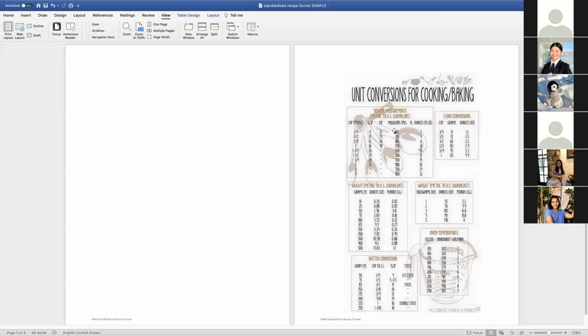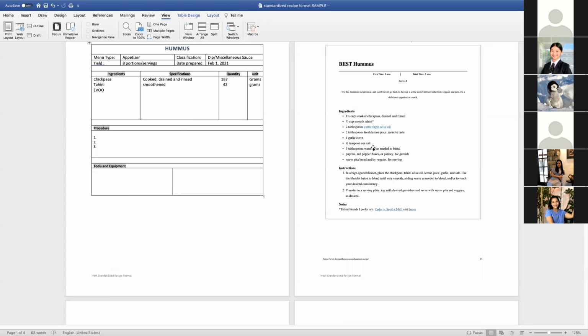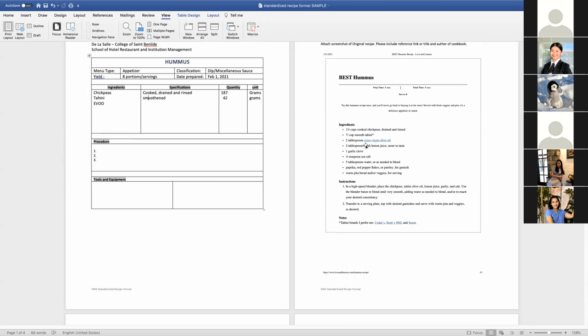Since we're talking about a liquid, extra virgin olive oil is a liquid, so we talk about volume. Do you get me, guys? Liquid is a volume. In terms of measuring, the unit of measurement for that is milliliters. So if 4 tablespoons is 60 ml, then 2 tablespoons is what?